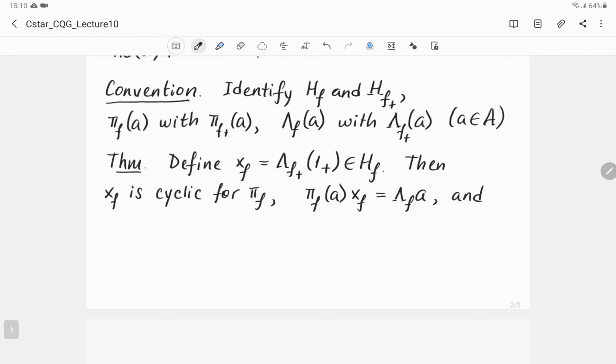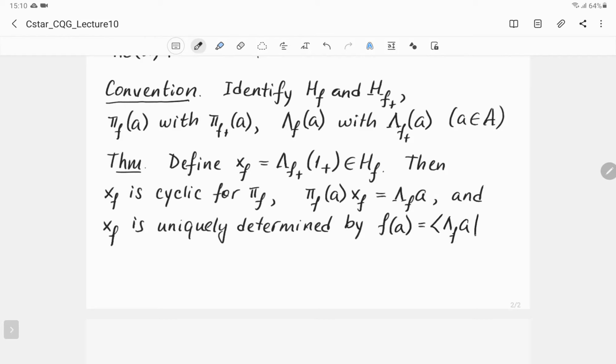And this vector xF is uniquely determined by the following formula: F of a is the inner product of lambda F of a and xF. So in some sense, this vector is a canonical cyclic vector for the GNS representation.